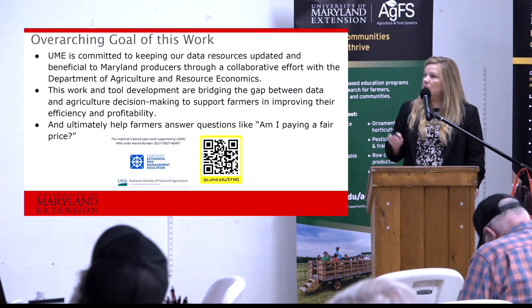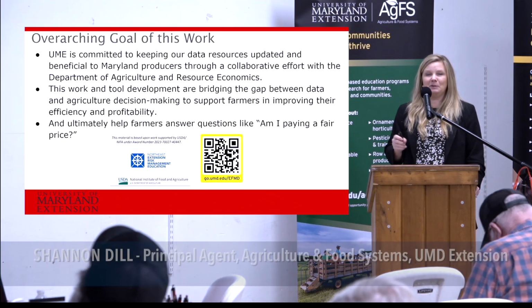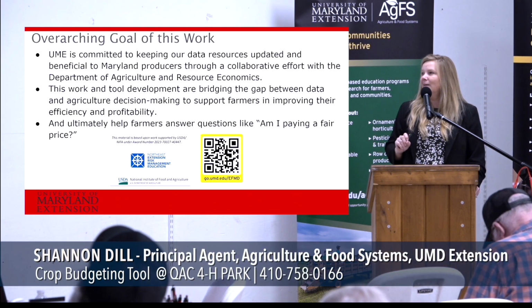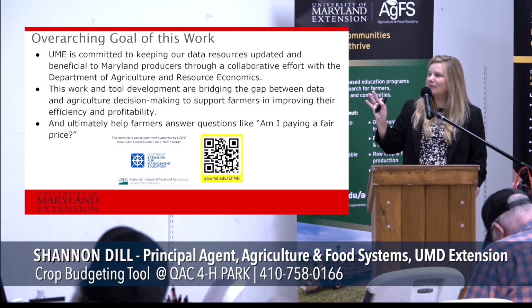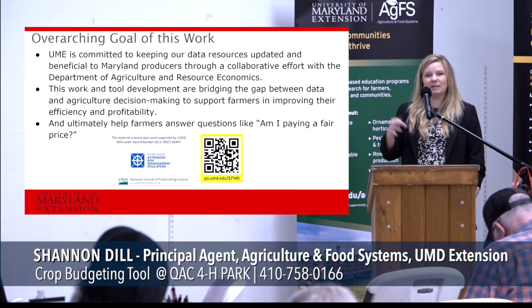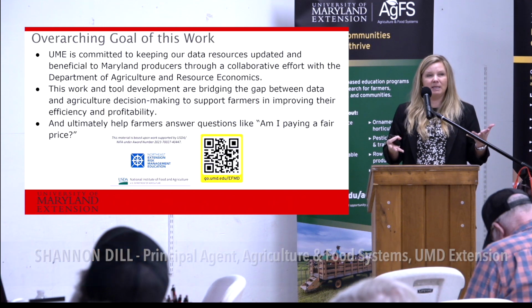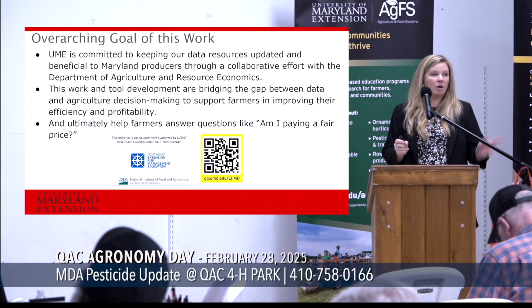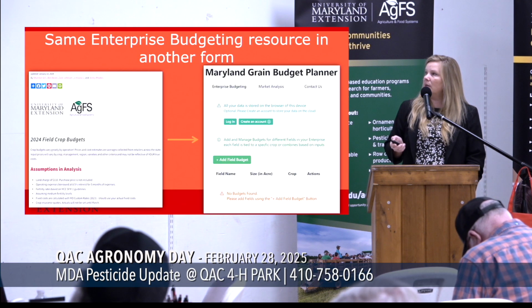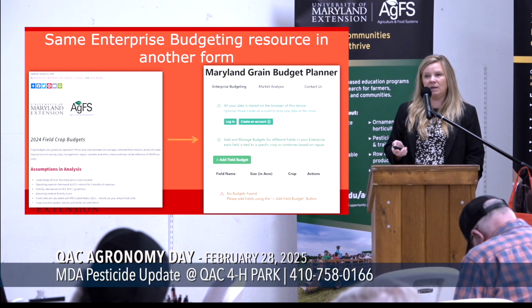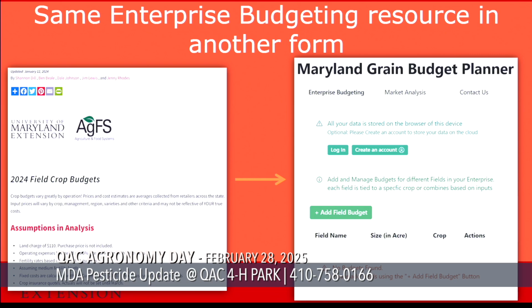So we have been creating, we mentioned the budgeting tool. We do have something if you kind of want to play around with it. If you don't totally love Excel, you can log in here and you can do some what if scenarios that will do some real-time updates for you. There's some cards in the back. You can use the QR code, but it does incorporate the grain budgets, the cash rental rates, and the custom rates all into an online tool.